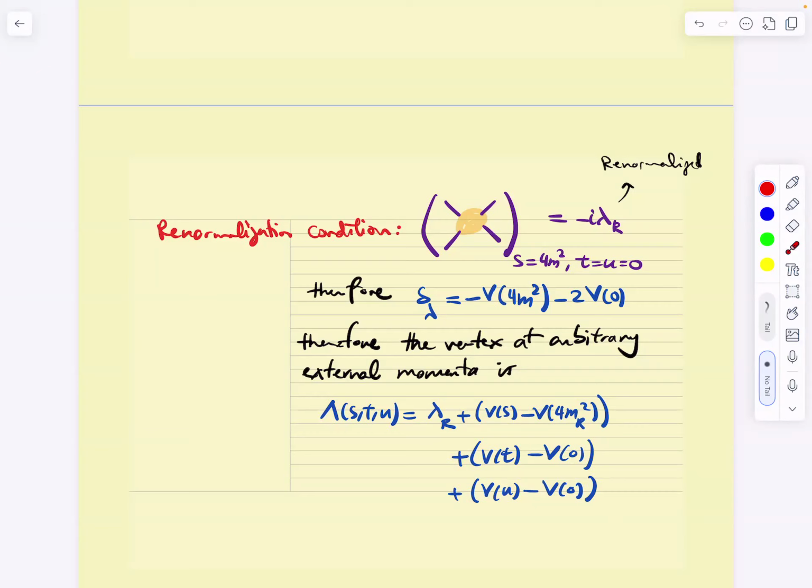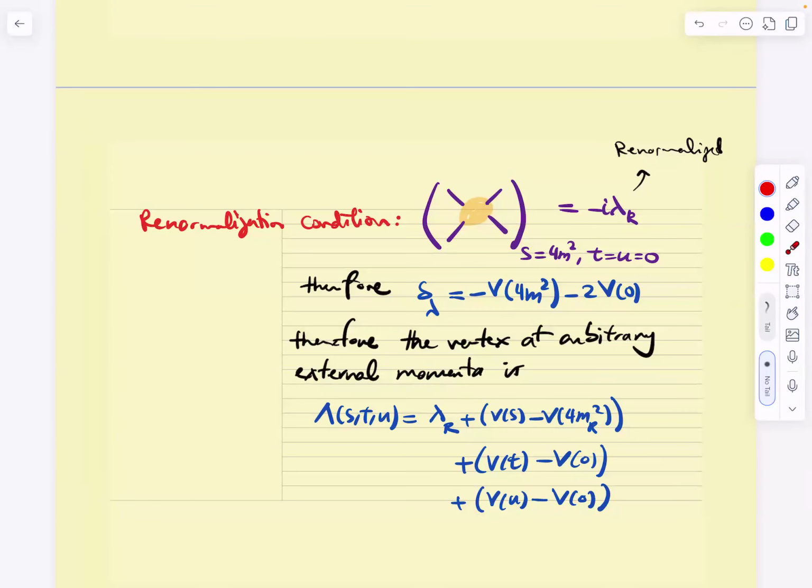We did this explicitly for lambda phi 4, and the idea is that the renormalization condition will fix for you the values of the counter terms. Once the counter terms are fixed, these are infinities, right? But they're formally fixed. You have renormalized your theory at a certain scale. You could calculate how things change as a function of scale. All right, I'm going to stop here. Are there any last questions? We're going to do this and redo this a couple of times in this course so that you get comfortable.